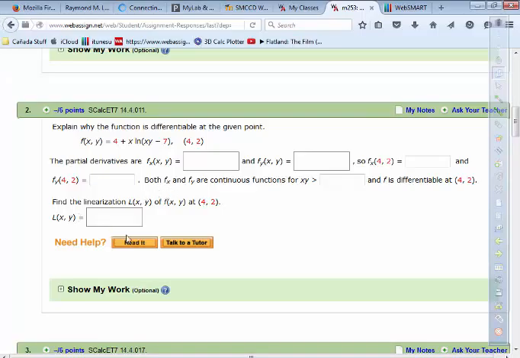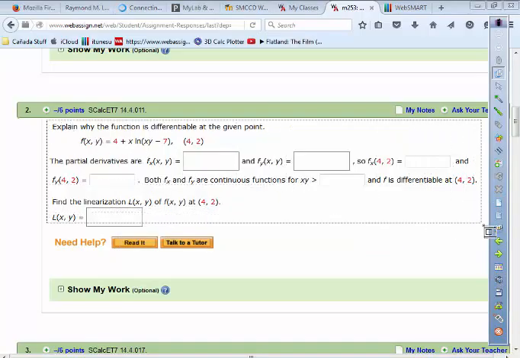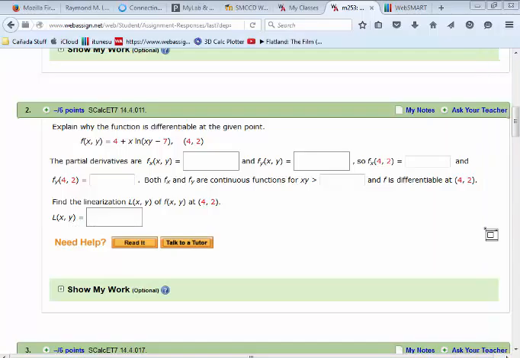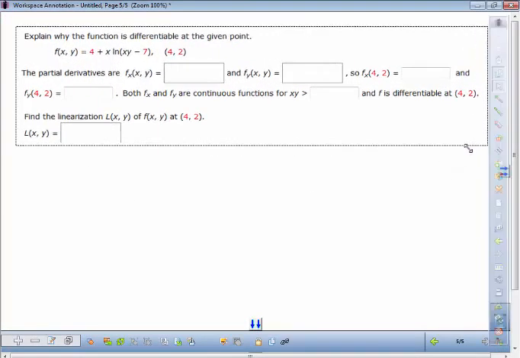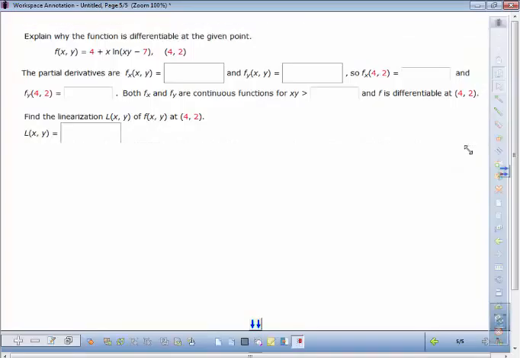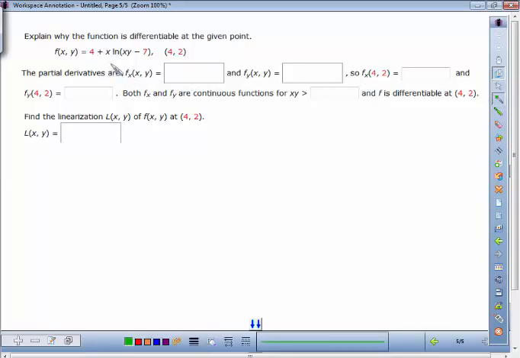So let's take a quick shot at this, and then maybe we'll have time to do one more. Your function is f of xy equals 4 plus x times ln of xy minus 7, and your x naught, y naught is at the point 4, comma 2.